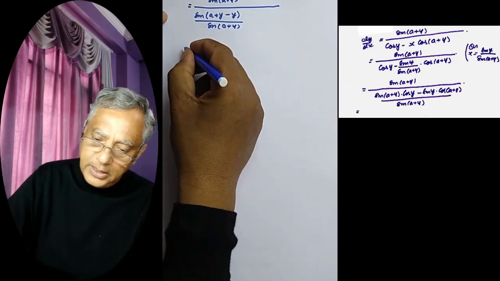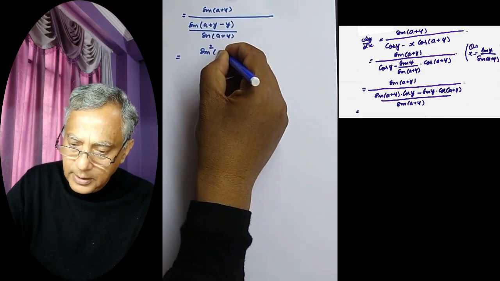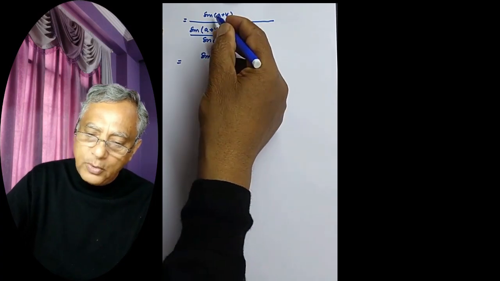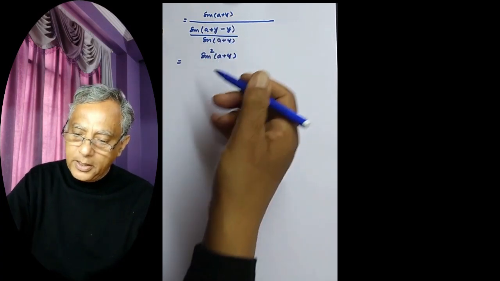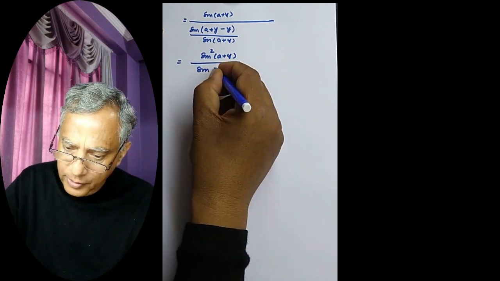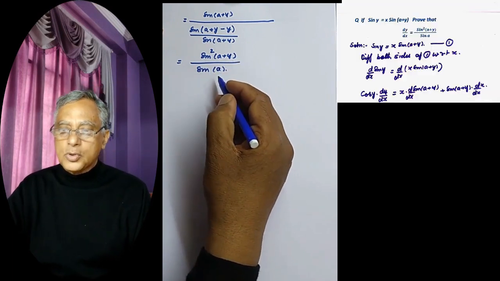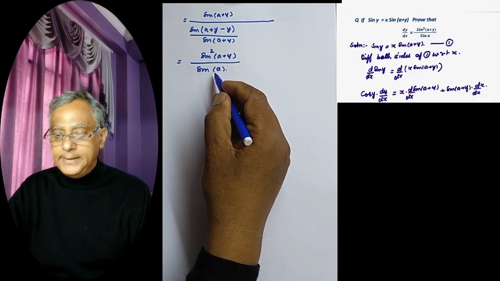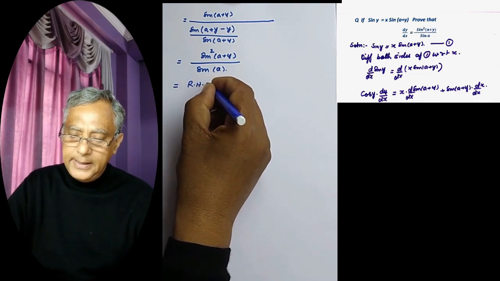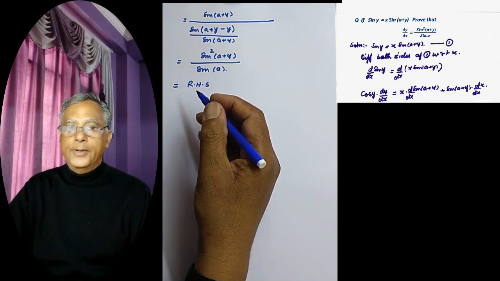So this term will go up and we will have sin(a + y) whole square, and one sin(a + y) we get from the denominator. So this will be equal to sin square(a + y) over sin a. And this was the required answer, right hand side. Hence proved.